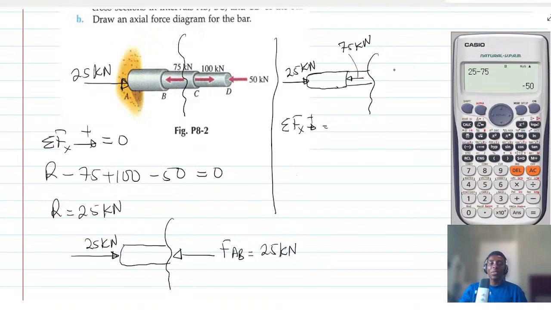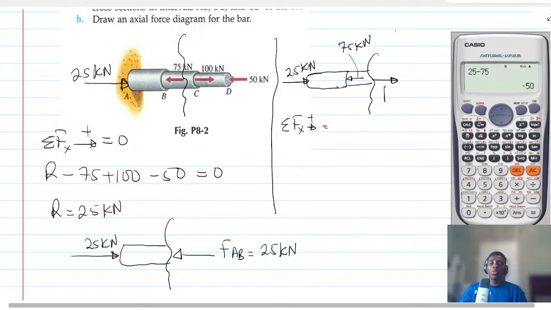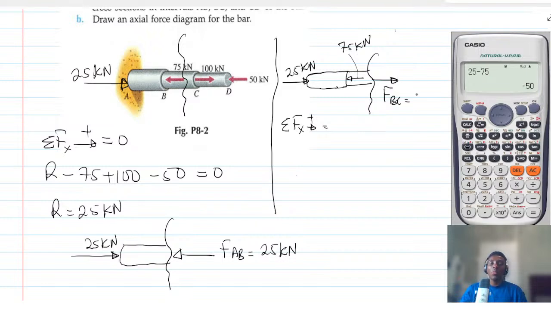So minus 50 will be like a force which may be going to the left, the net force. So all we have to do is to bring a force here, which is going to be FBC, and that force will be 50 kilonewtons actually.